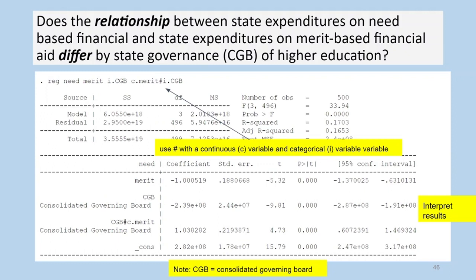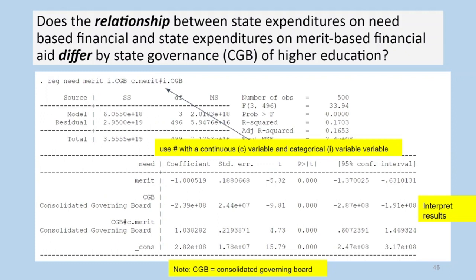And then we look at how this relationship between merit and need differs by consolidated governing board. Now, because consolidated governing board is a categorical variable, we're going to put i. in front of CGB, abbreviation for consolidated governing board, right?